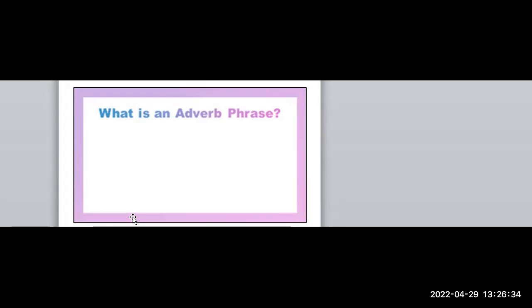And this means that an adverbial phrase modifies a verb, an adjective, or another adverb, just like an adverb. And so adverb phrases express a number of ideas. They provide information and provide answers to questions such as when, where, why, how, or to what extent, or how often something happens. All right?